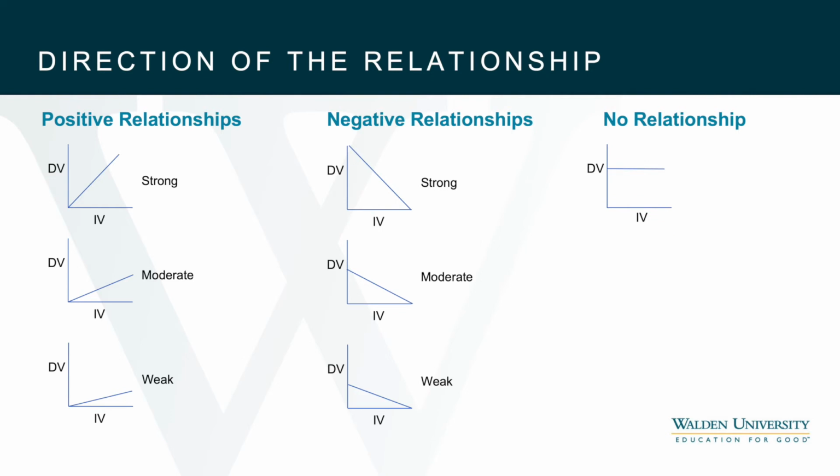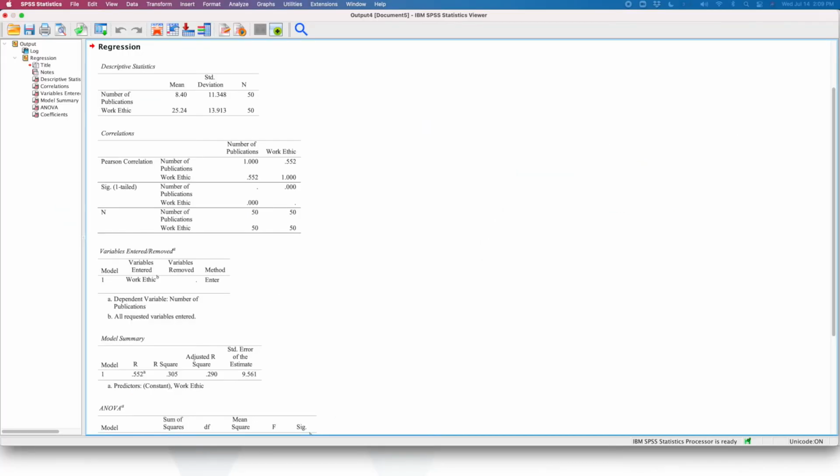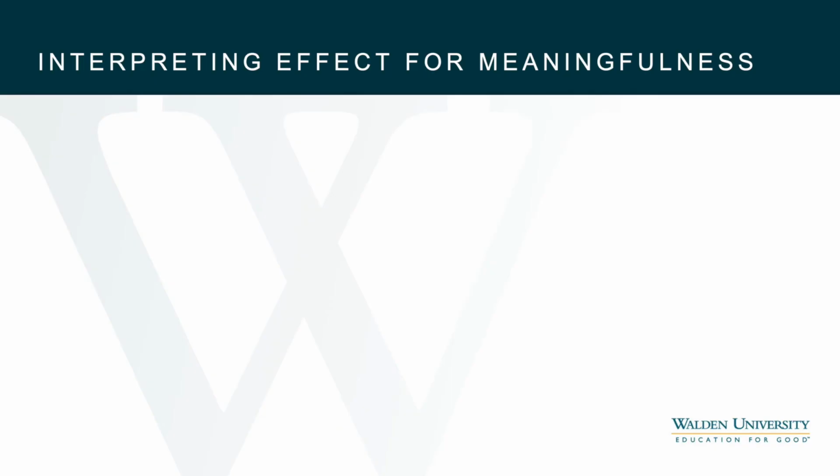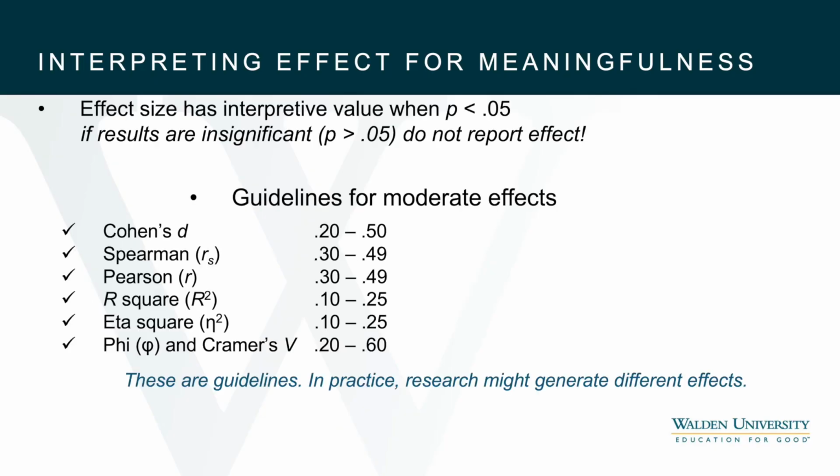In our case, I am going to compare the correlation coefficient from the output, the 0.552, to a threshold value. And we worked with threshold values in earlier videos in this series. You can see here that the threshold values for the Pearson's correlation lie between 0.3 and let's say 0.5.